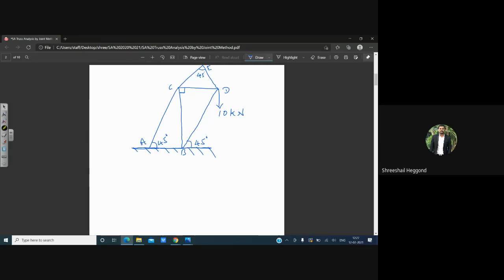The angles of all corners will be the same for the top triangle.